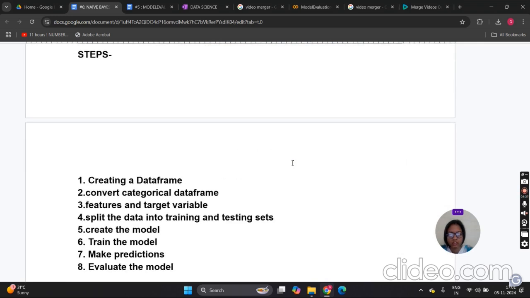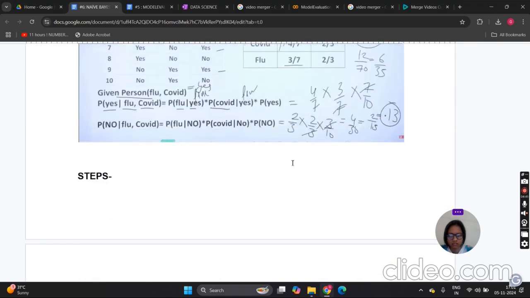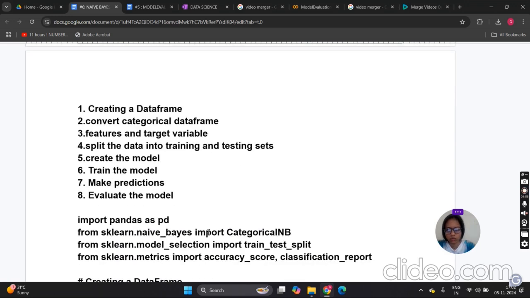Now I coded this. These are the steps of coding: creating a data frame using the pandas library, converting categorical data, defining features and target variable, splitting the data into training and testing sets, creating the model, training the model, making predictions, and evaluating the model.